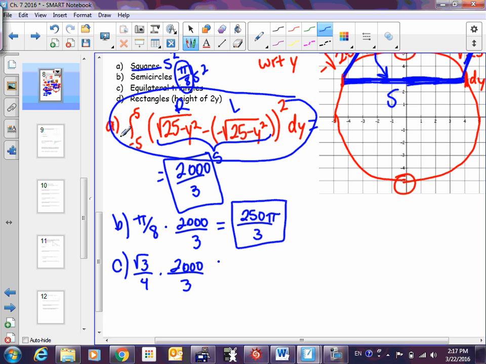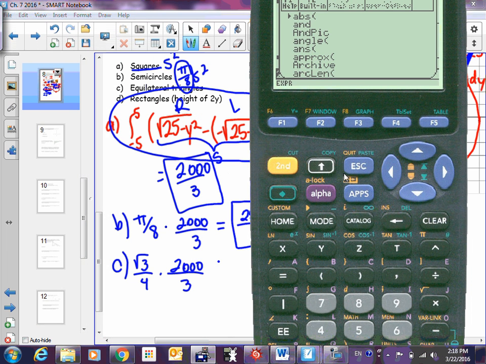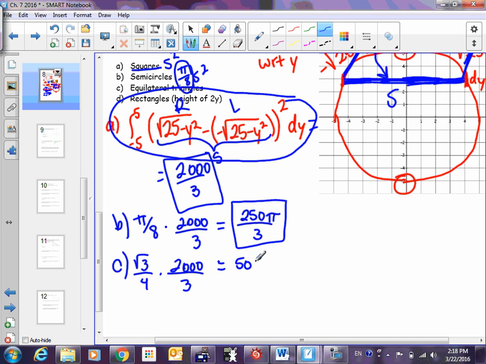If I already know that the integral of s squared is 2,000 over 3, I don't need to type that in. You could probably simplify that without the calculator, but why do it? We're having to do so much, why do that part in your head? 500 root 3 over 3.